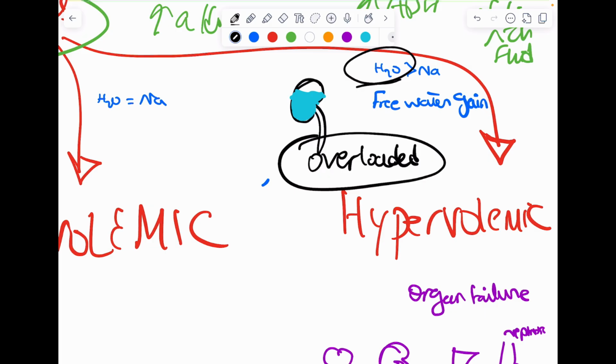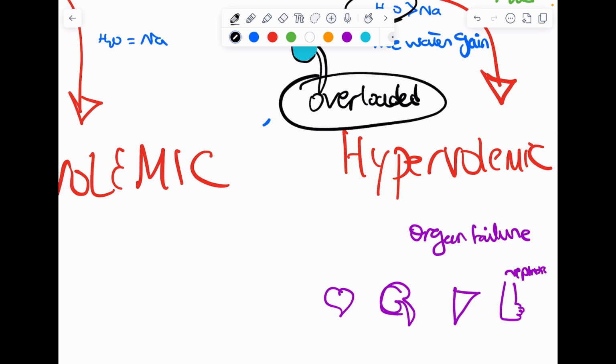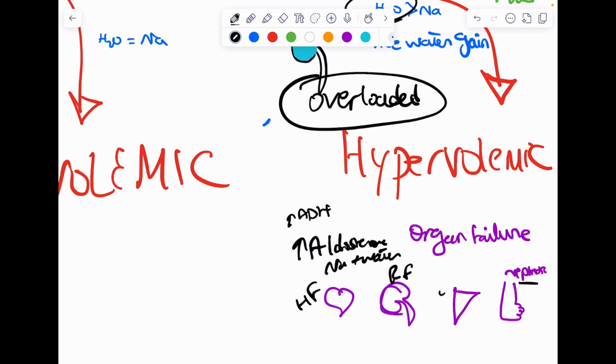So those are usually patients with organ failure, patients with heart failure, renal failure, liver cirrhosis, or nephrotic syndrome. They have a very high level of aldosterone in their blood, which is retaining sodium and water. And at the same time, they also have a high level of ADH because of their low cardiac output or low renal blood flow to the kidneys.